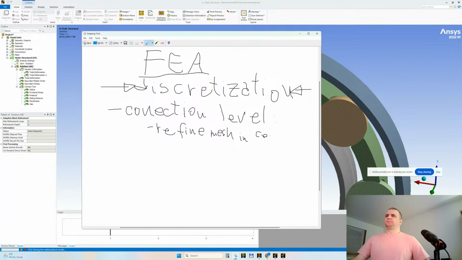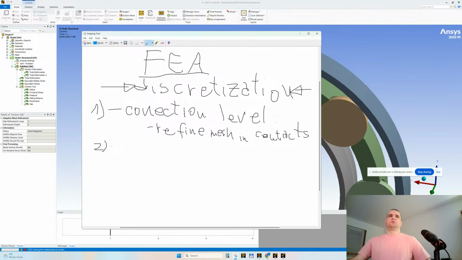This is a form of discretization. It's like a physical discretization. Okay? So, define mesh and contacts in order to have more contact elements, something like this. I will not insist at this moment on this type of discretization.